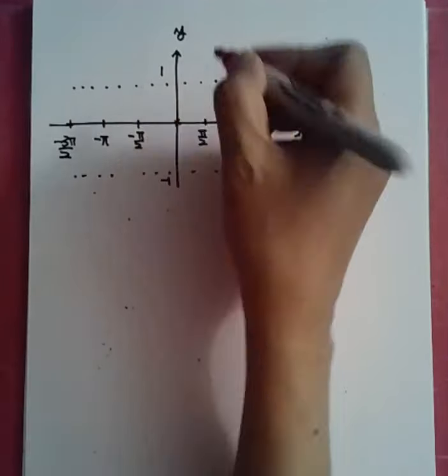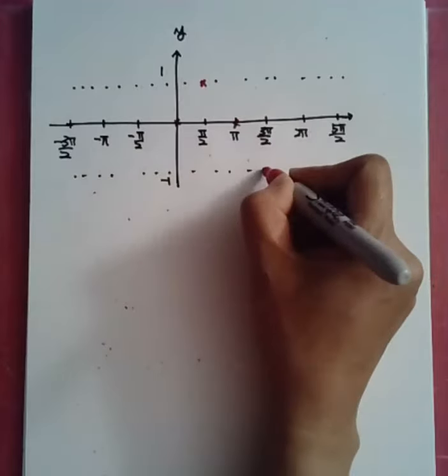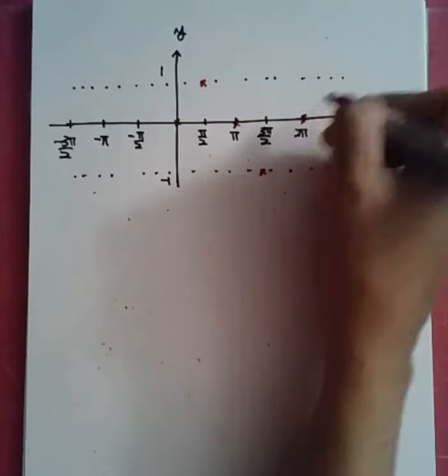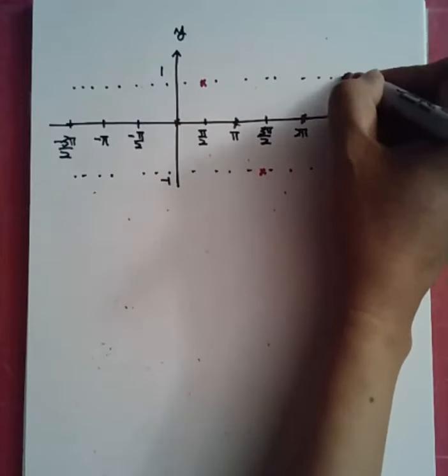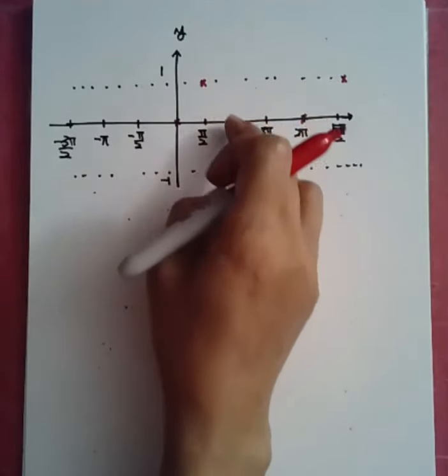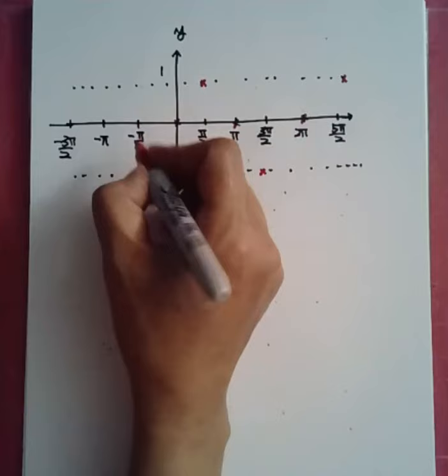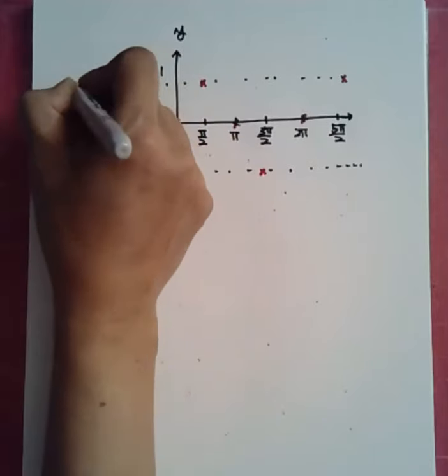So it goes 0, 1, 0, -1, 0, and then it repeats its pattern, so it becomes 1. When we go to the left, it goes down, so it becomes -1, and then 0 and 1.